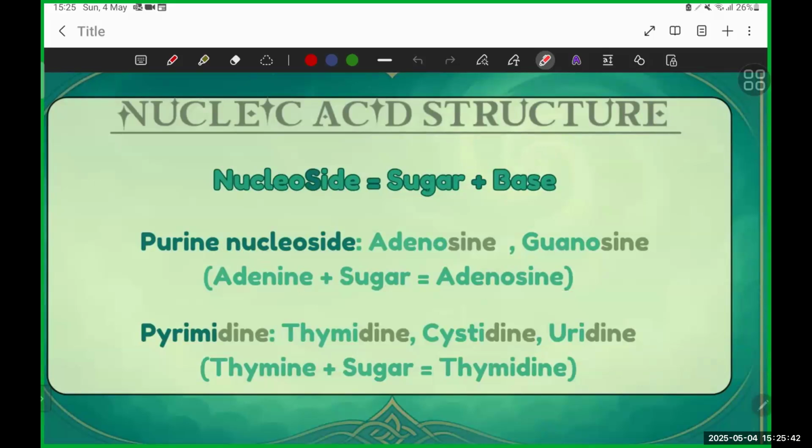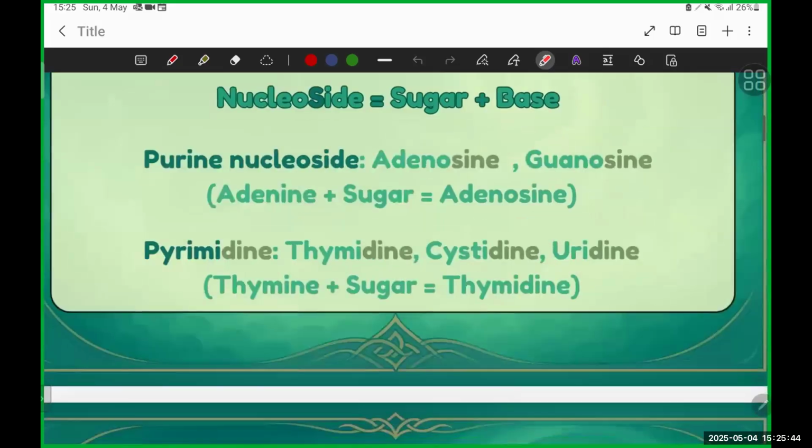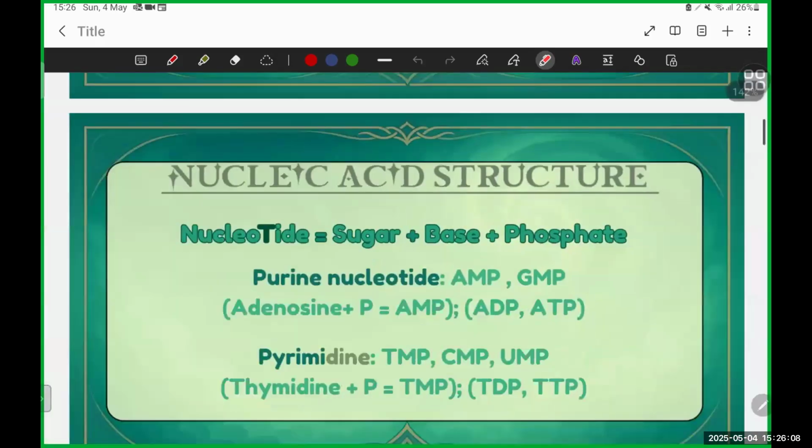Now for pyrimidines, after they've become a nucleoside, they turn into -dine. It's pretty obvious from the pyrimidine itself. That's why at the start when I said thymidine, I stopped and changed it, because thymine is the base and thymidine is the base and the sugar.